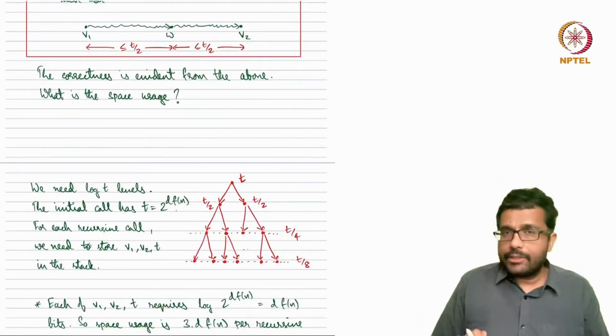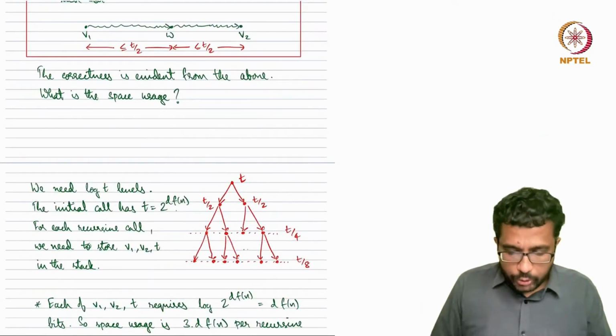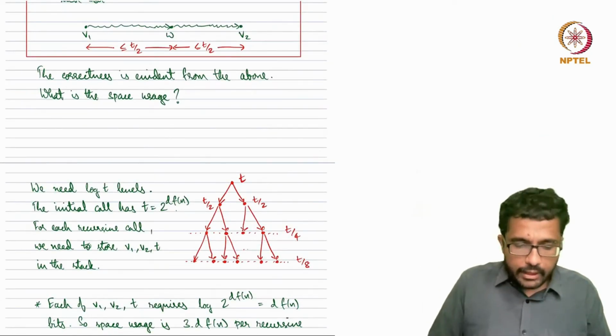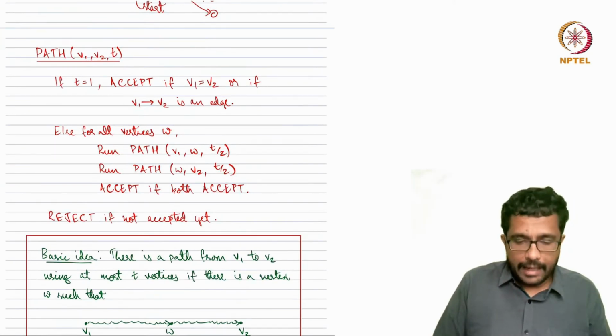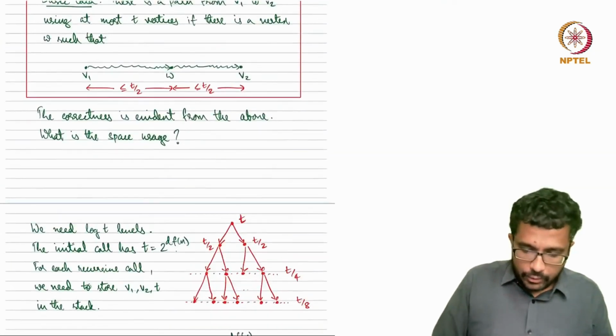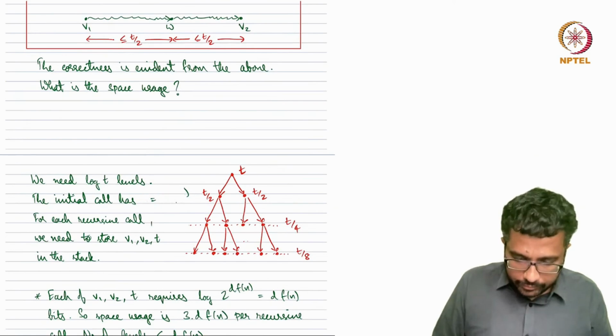So now let's see the space usage. Initially we have v1 equal to c start, v2 equal to c accept, and t equal to 2 power d fn.